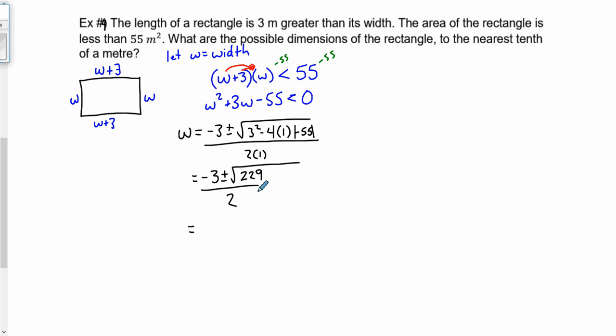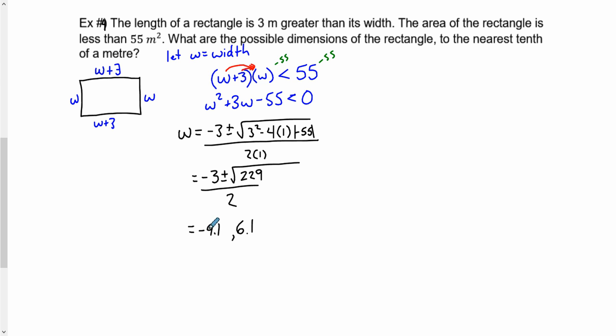So -3, if we add that, square root of 229 divided by 2, we're going to get, to the nearest 10th, 6.1. And if we were to subtract it, we get -9.1.